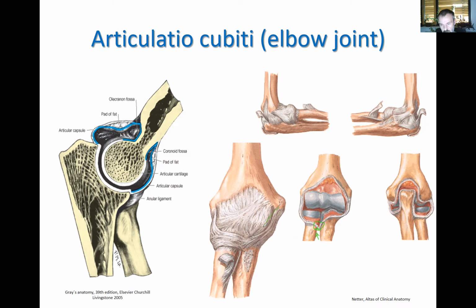Then we see here the collateral ligaments, radial and ulnar. And then this ligament is the annular ligament of the radius, this or this. This is the insertional tendon of biceps brachii. It's not part of the joint.